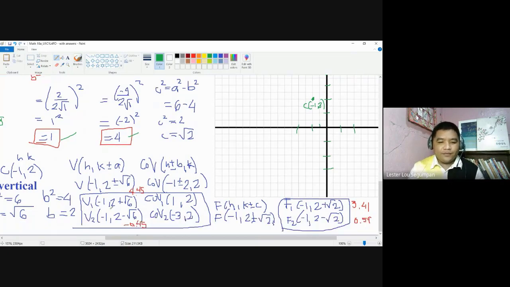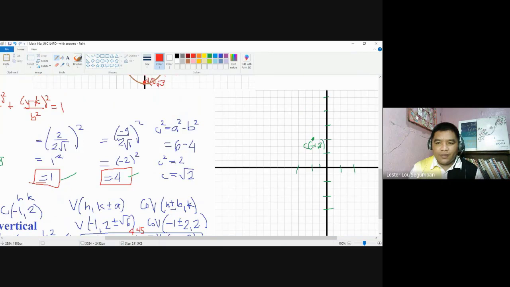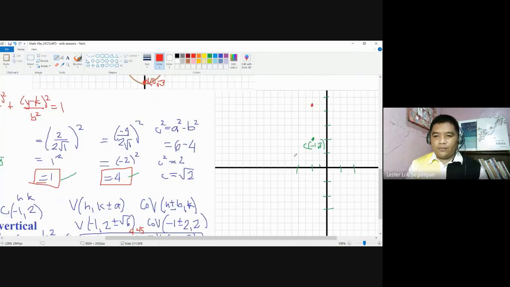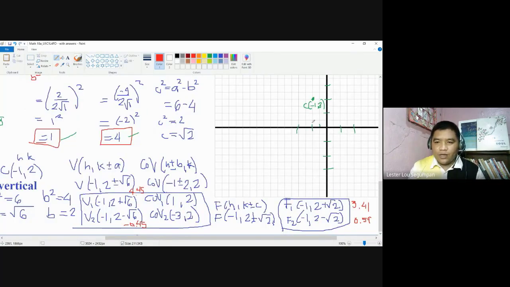And then your first vertex is at -1 and 4.45, so more or less 4.5 here. And for the other side, you have a negative point, more or less 0.45, so almost half.